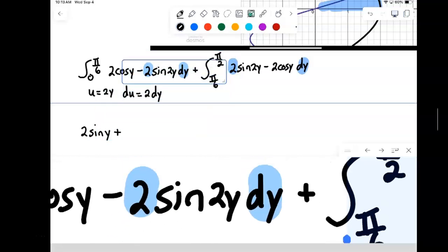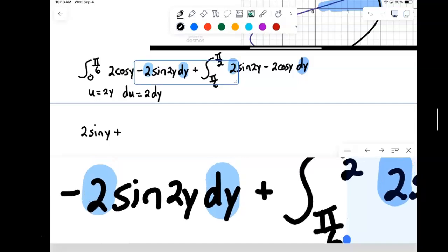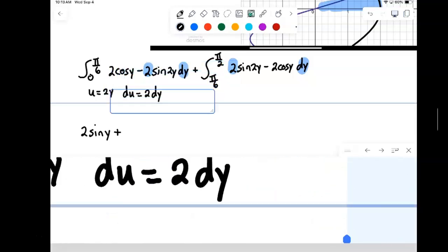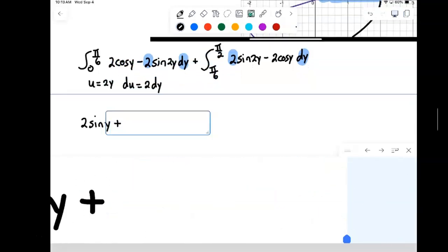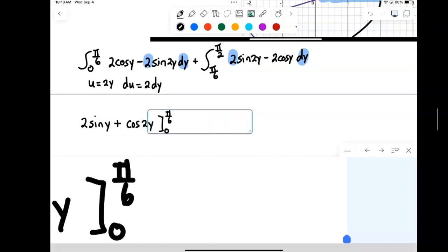The 2 is absorbed inside the dy. So it's sine of 2y, which is really sine of u. Integral of sine is negative cosine. I've taken care of the negative sign already. So this will be plus cosine of u, or cosine of 2y, evaluated between 0 and pi over 6.